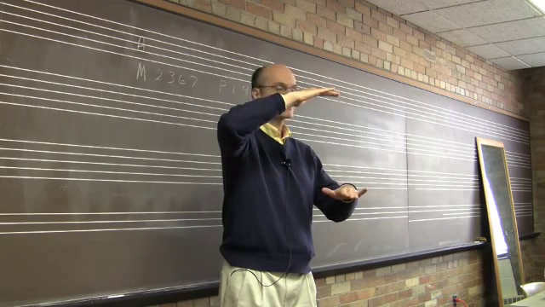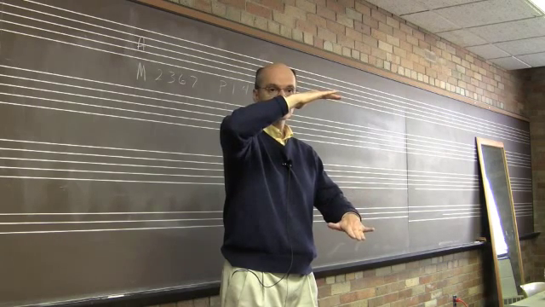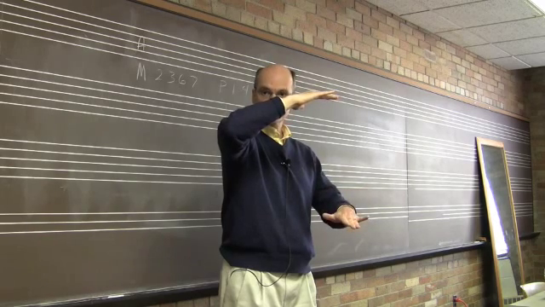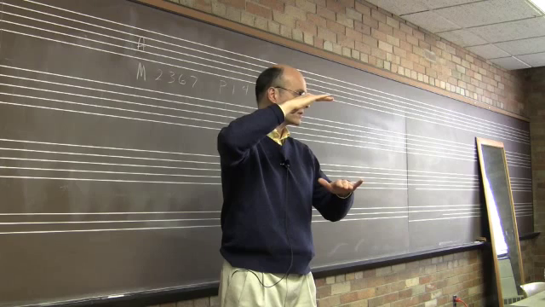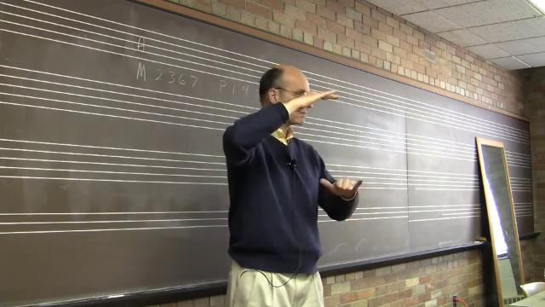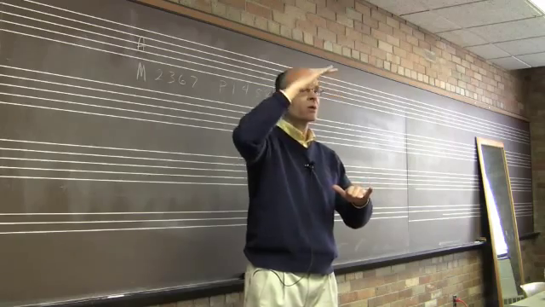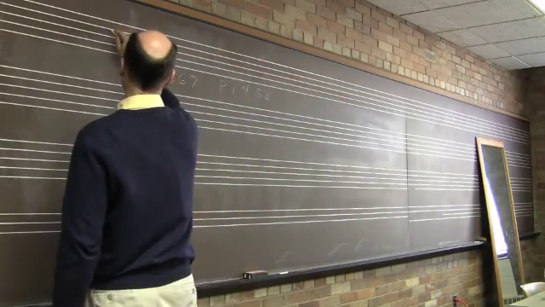How would I do it if I changed it from the bottom note? I'd lower it. That would still be augmented, a half step larger, wouldn't it? So an augmented interval is a half step larger than a major. I can either raise the top note or lower the bottom note. But since we're working from the bottom note, we are going to mostly, for a while, raise the top note.